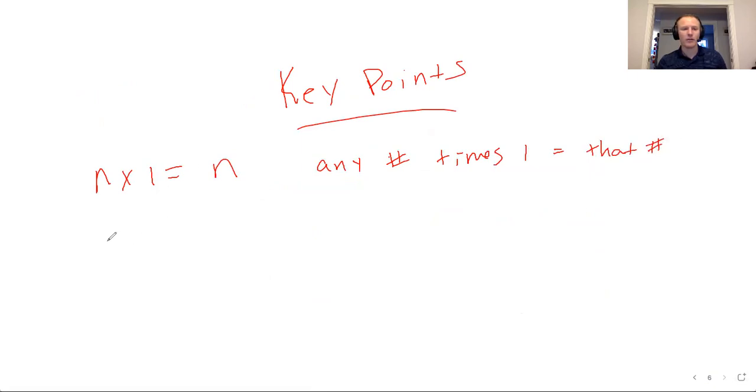We have 0 things divided into 9 groups equals 0. 0 divided by, oops, I should have made that an n, I'm sorry. 0 divided by any number equals 0. And last but not least, n divided by 0 equals undefined.